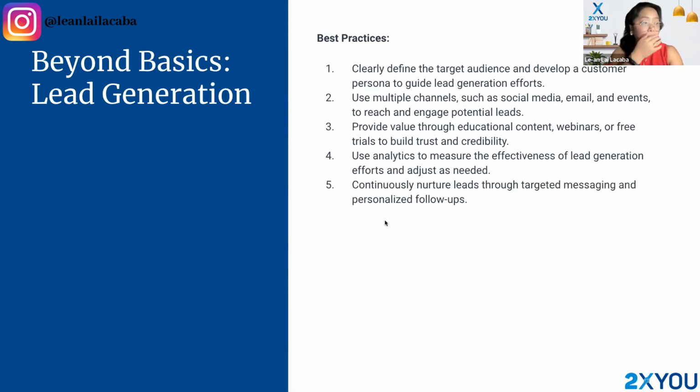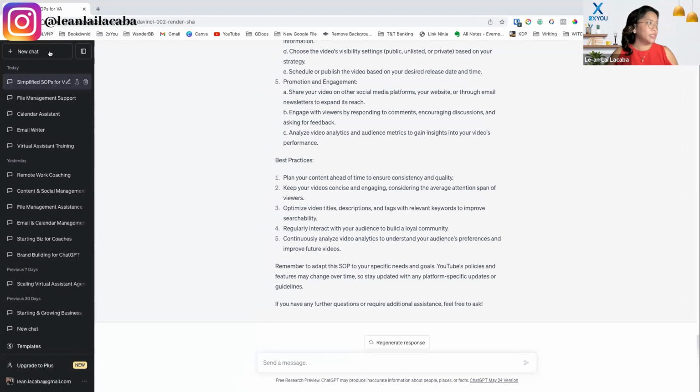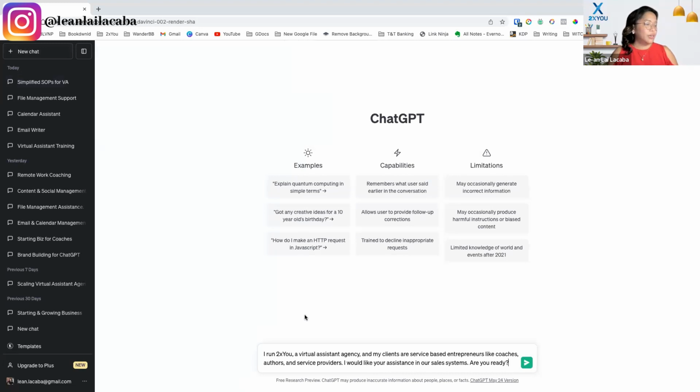And of course, continuously nurture leads through targeted messaging and personalized follow-up. Using ChatGPT as a superpower, you can use it to create reach out templates and also create a follow-up system. This one's actually pretty cool, so I can go through and use it in ChatGPT by creating a new chat.